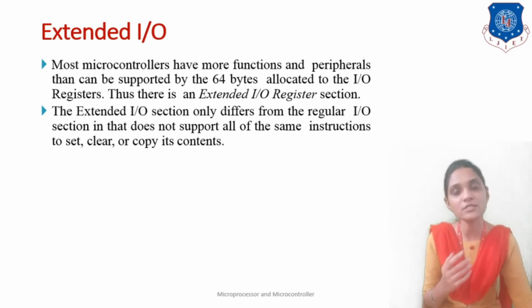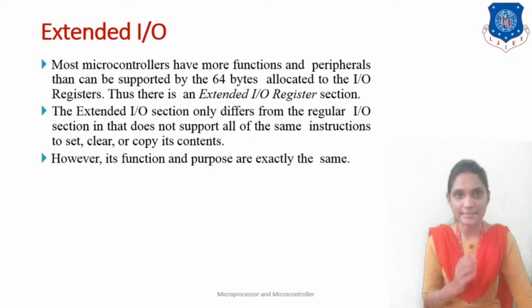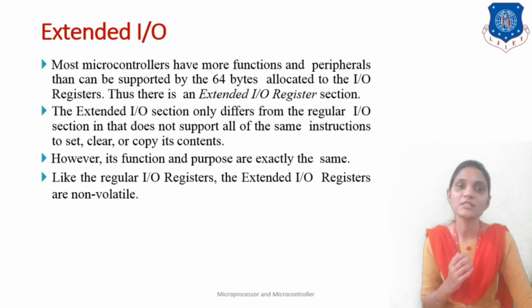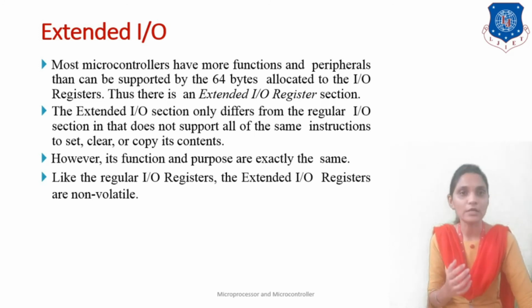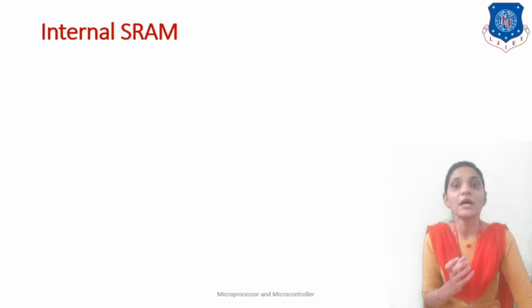Not all instructions are supported for this extended I/O section, but the function and purpose are exactly the same. And like the regular I/O registers, the extended I/O registers are also non-volatile. So whenever power goes off, it will remain as it is.